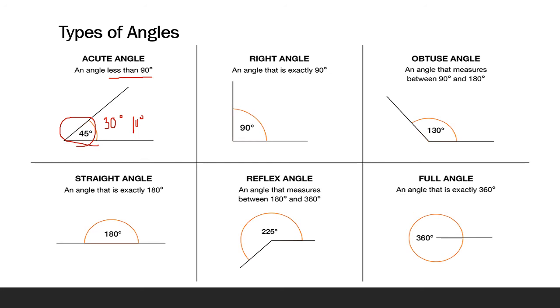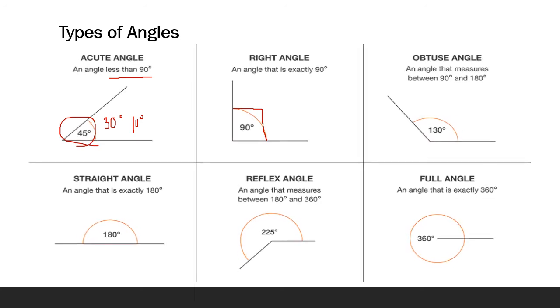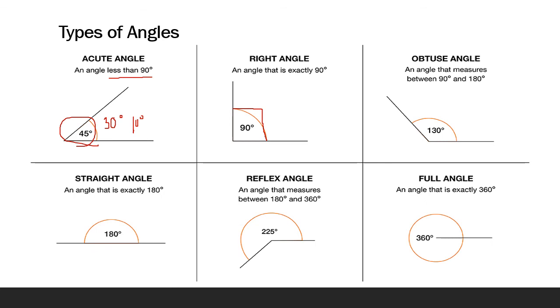A right angle has an angle of exactly 90 degrees. As you can see, we can draw here the figure of a square instead of using an arc. If you see a square form in between the two rays or the two lines, it's always considered as 90 degrees.